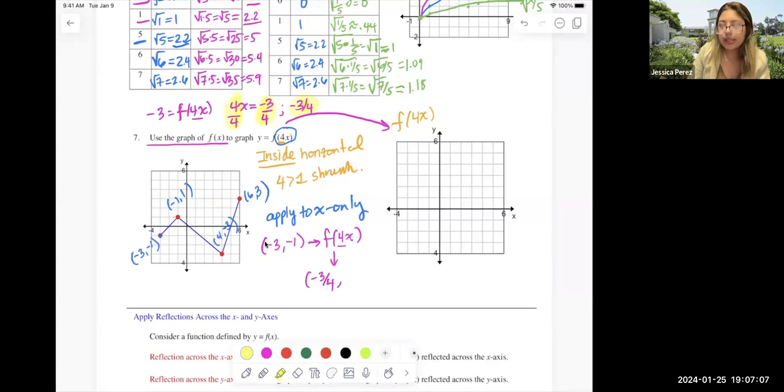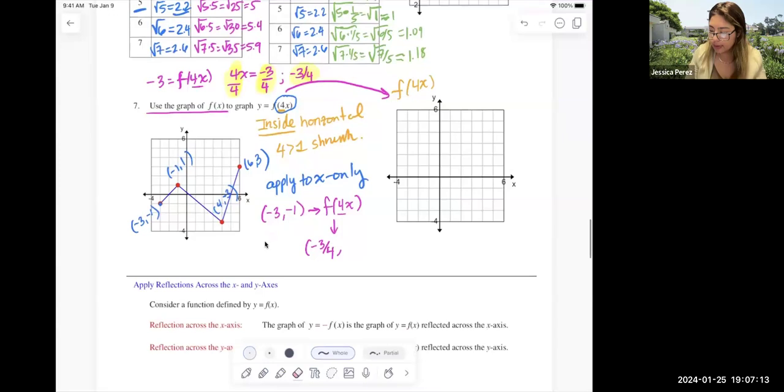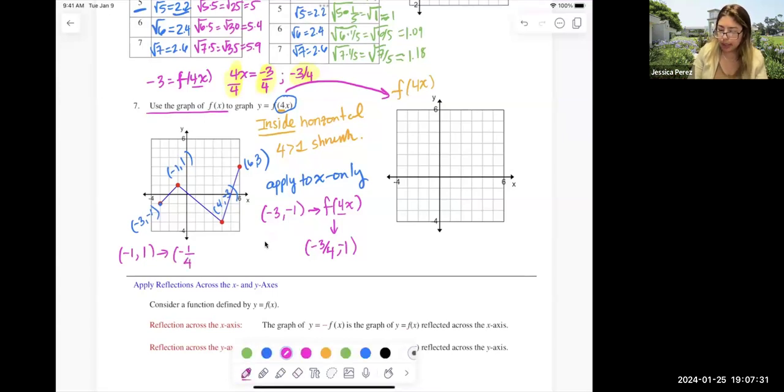So it's as if we were solving. Similarly, it's only going to be applied to the x coordinate. So now if we have -1, 1, it's now going to be -1 over 4. Why? Again, because we're solving for the variable, we're solving for x.